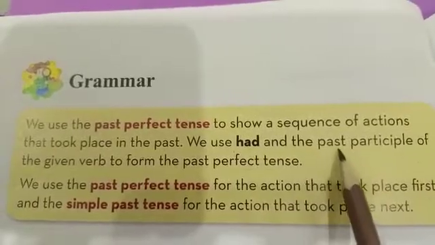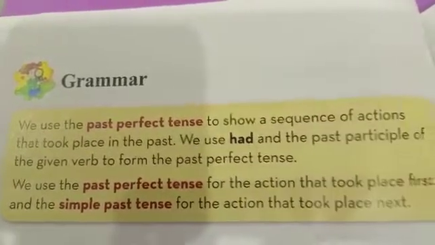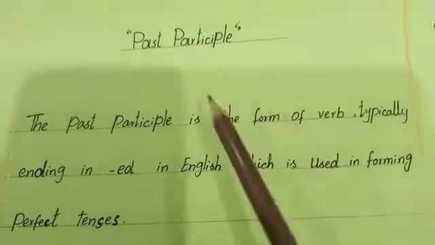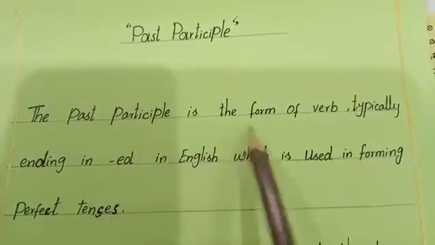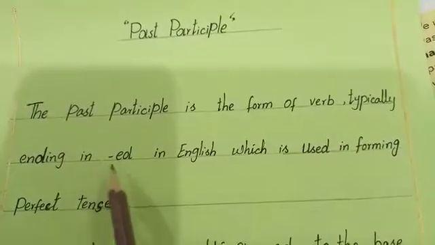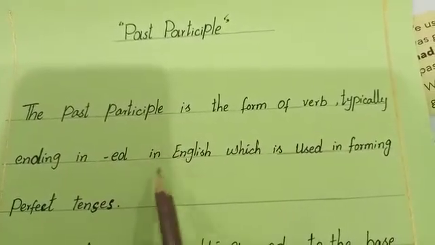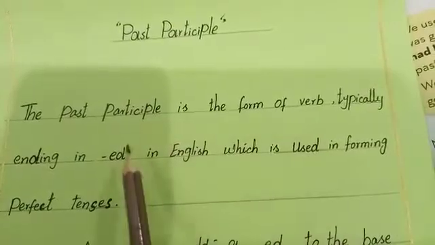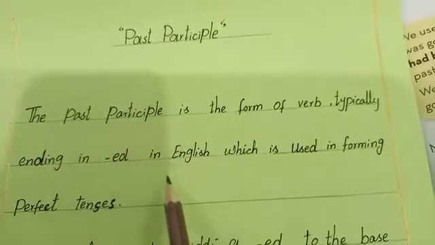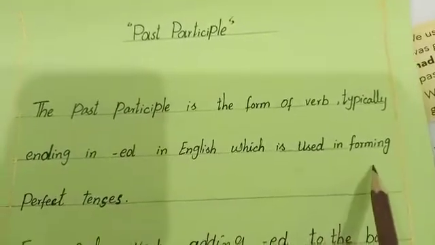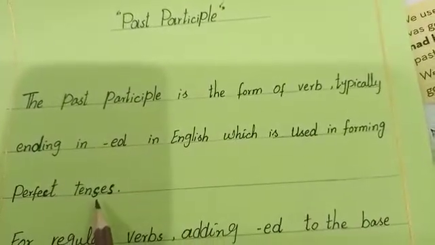Now let me tell you what is past participle. The past participle is the form of verb typically ending in ed. That form of verb which ends at ed is called past participle, which is used in forming perfect tenses.